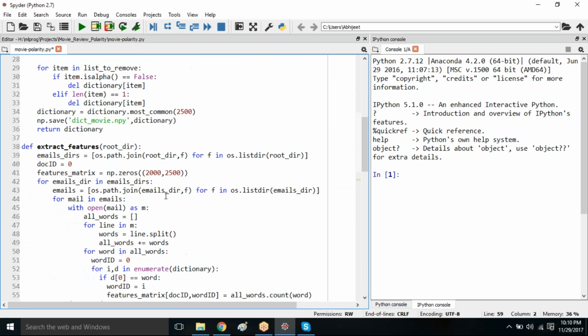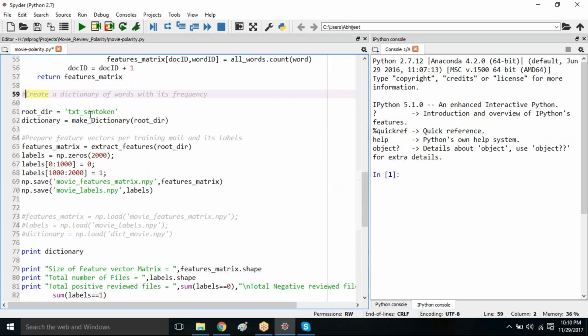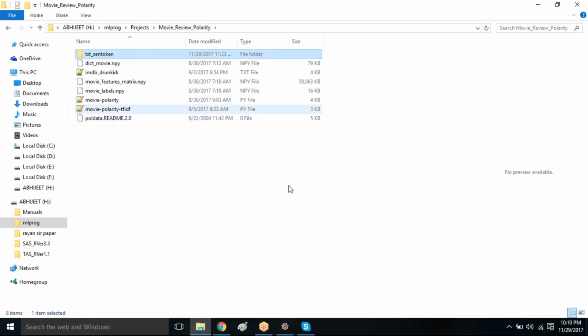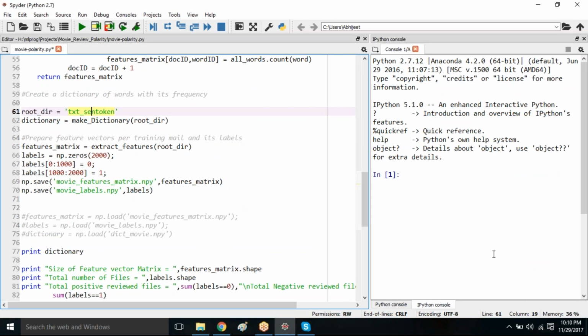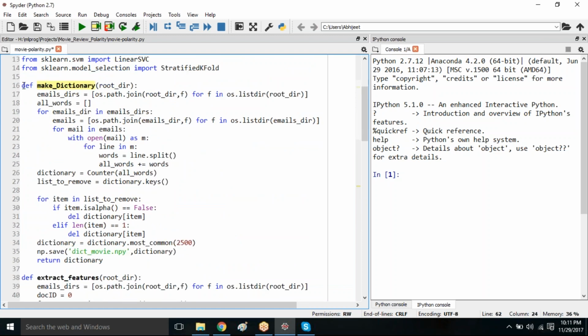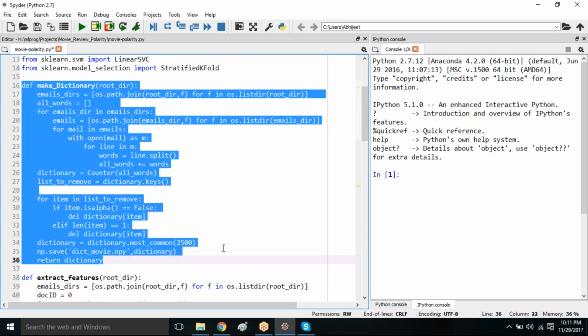So this was the root, isn't it? My code is also in the same directory. What is happening here? I am passing the root directory to make dictionary first. I told you, initially the whole dictionary is made. So this is the make dictionary function.